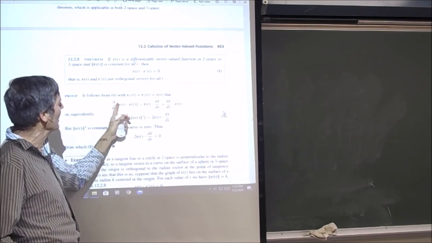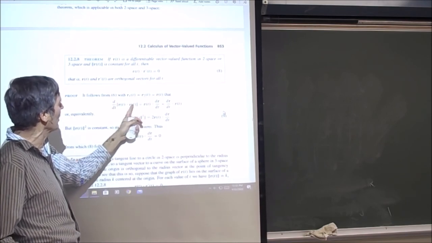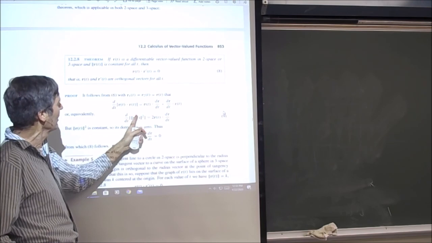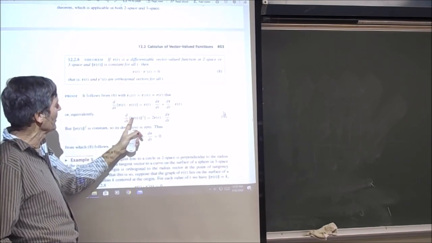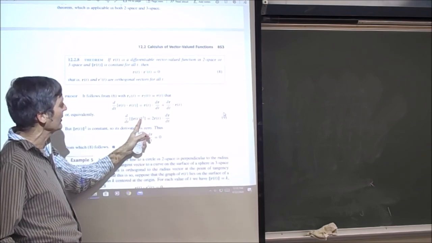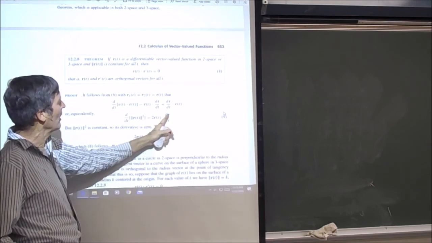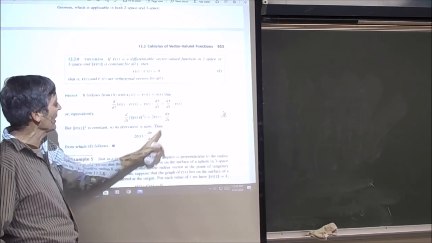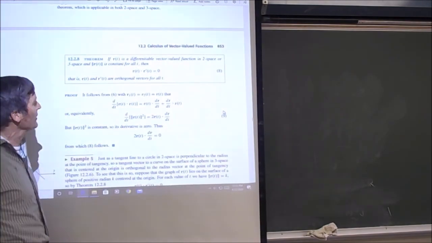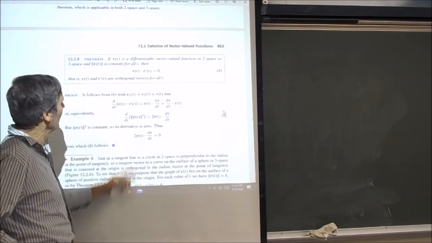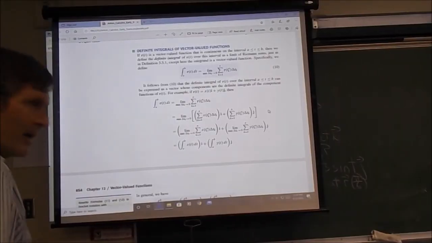But if r has constant length, we remember that r dot r is its length squared. This must be constant, so 0 equals the derivative of the length squared, which equals twice r dot dr/dt. That means r dot dr/dt is 0. So it follows that for a vector of constant length, r dot dr/dt is 0.